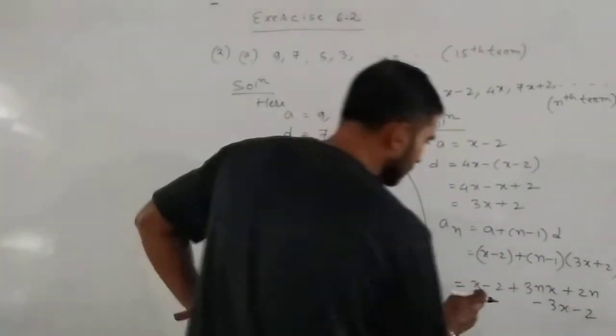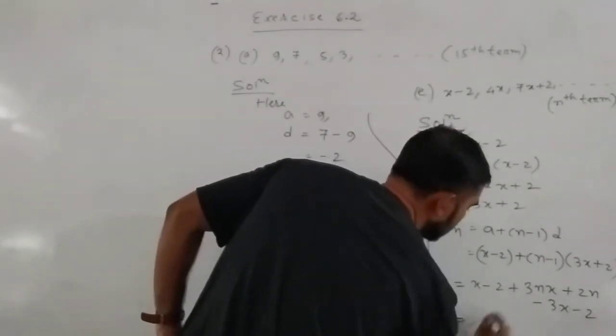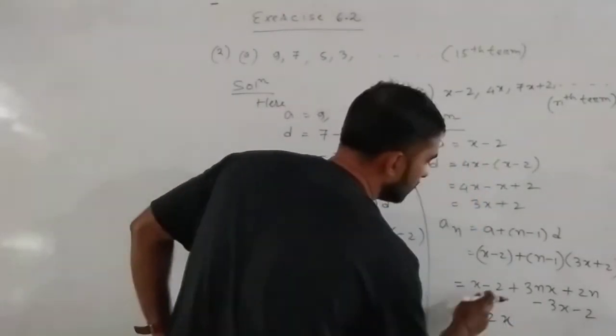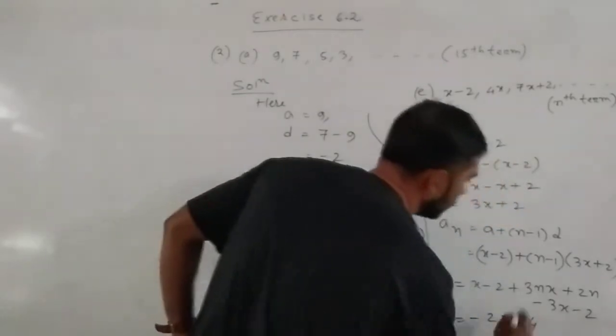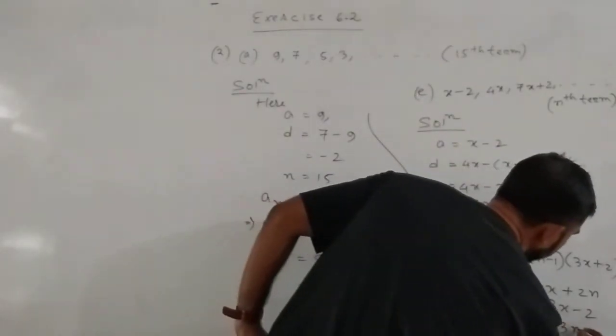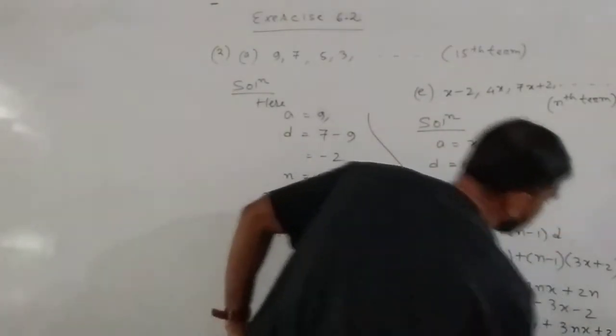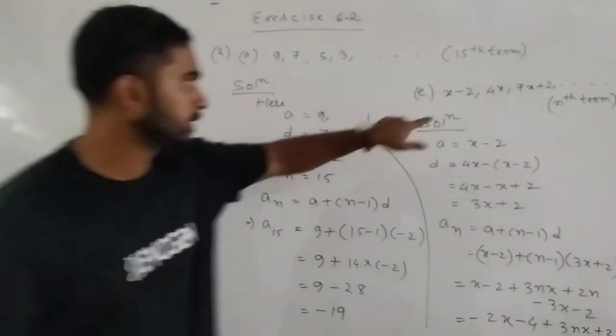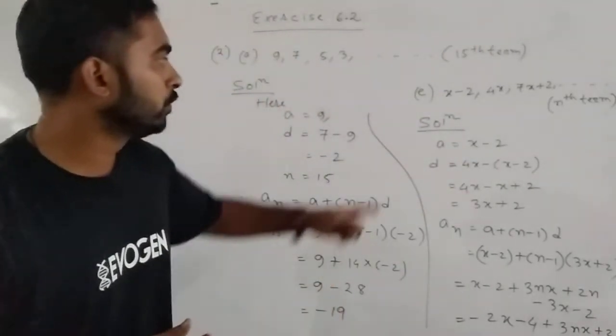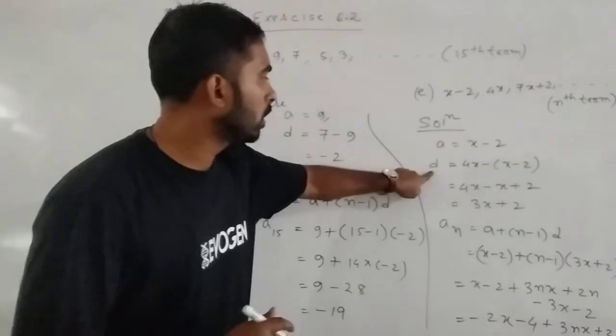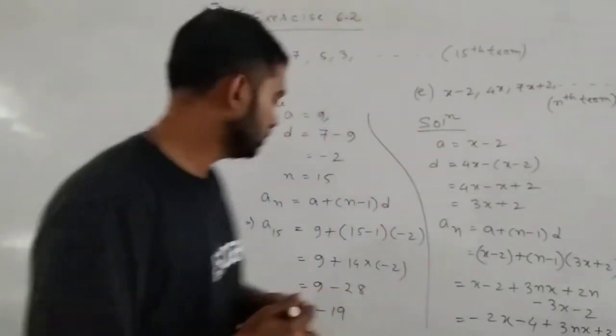Then x minus thrice x is minus twice x, minus 2 minus 4, plus thrice nx plus twice n. So this is the nth term of this sequence, where the first term is x minus 2 and the common difference is thrice x plus 2.